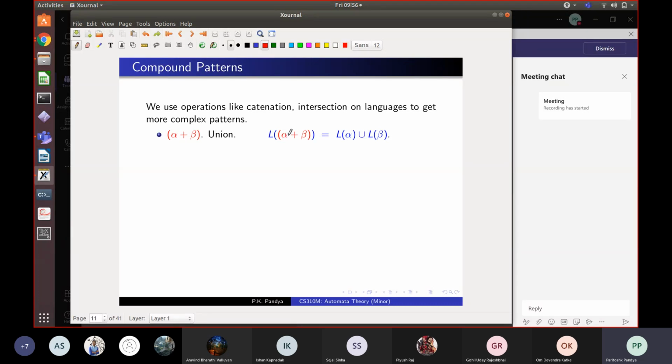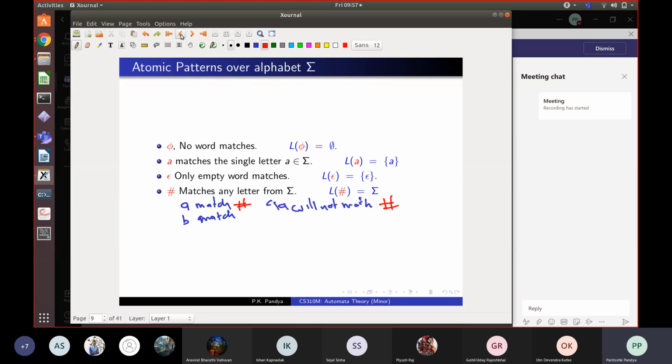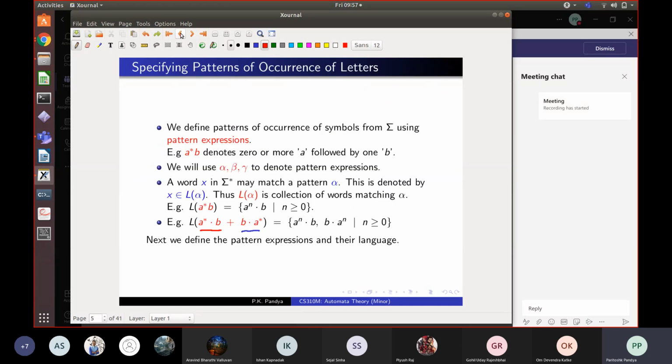So what is the language of alpha plus beta? Firstly, you take whatever is the language of alpha, whatever is the language of beta, and take their union. So the language of alpha plus beta is the language of alpha plus the language of beta. And that is how you can denote more complex operations. We already saw an example of this here. We had this A star B plus BA star.